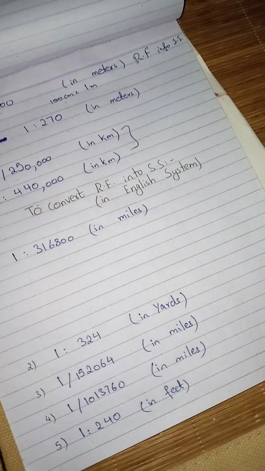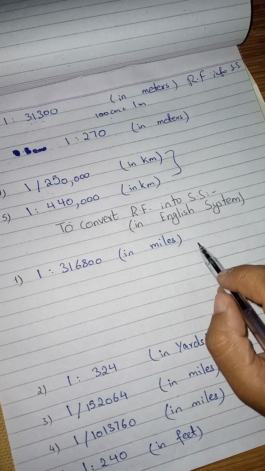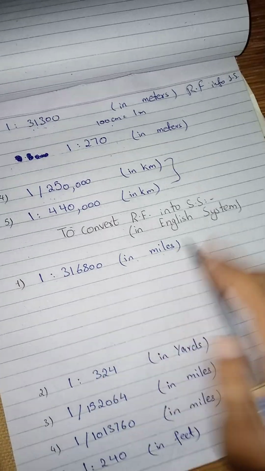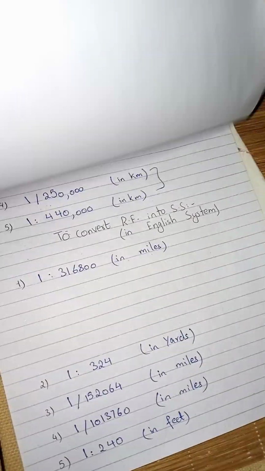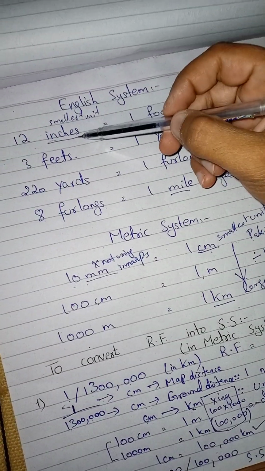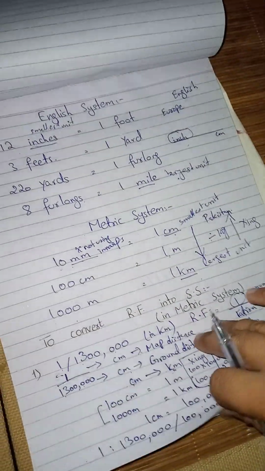Now those were basically metric based. Now in the English system we have this statement and we have to convert it into miles. If you remember, on the previous page I showed you that inch is the smallest unit and mile is the largest unit.